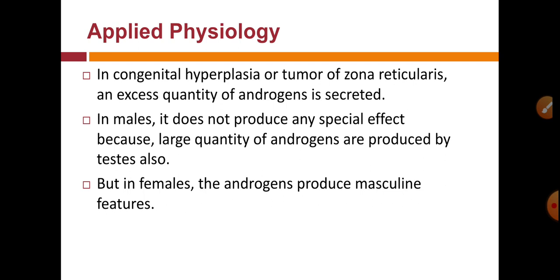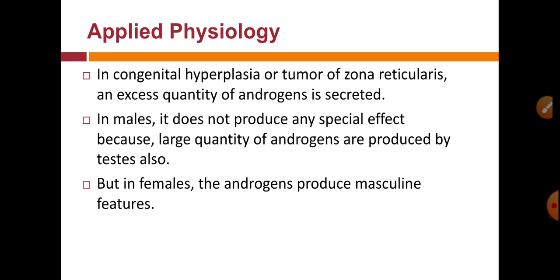When there is a tumor or congenital hyperplasia, that means from birth there is a hyperplasia of zona reticularis, that means these cells are increased, and due to the increase in cells or tumor of the zona reticularis, they secrete a large quantity of androgens.